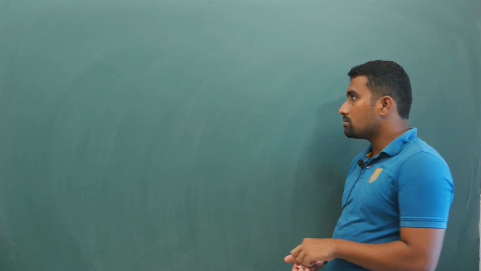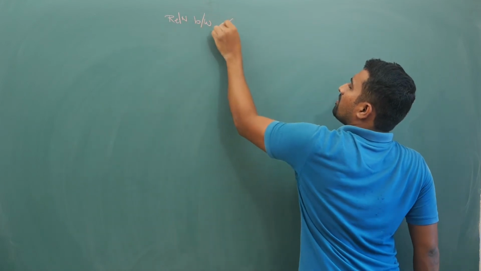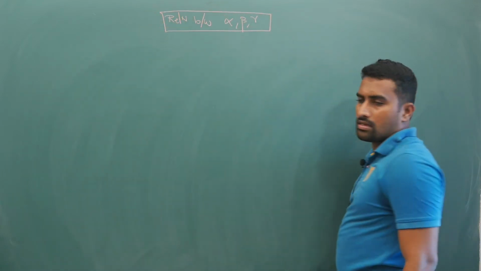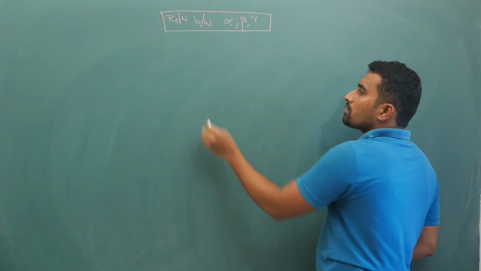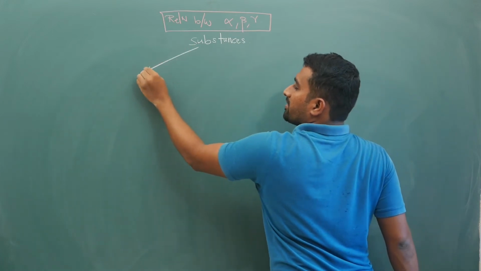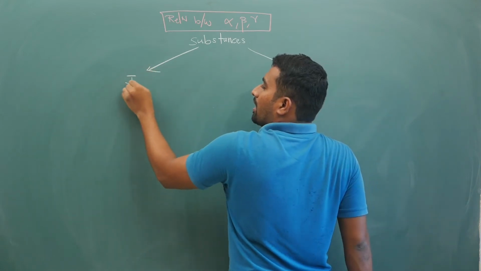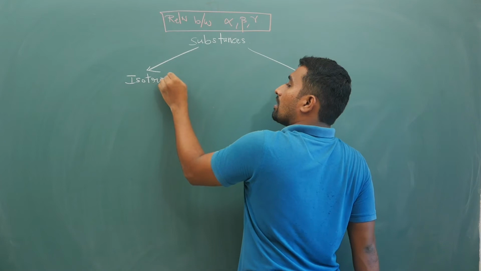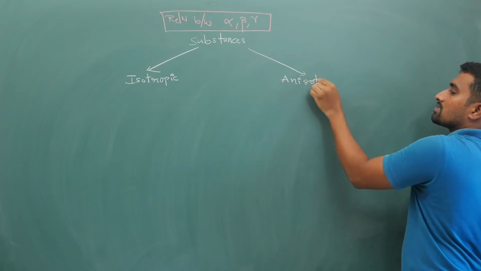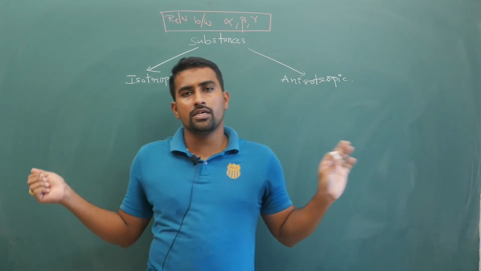To understand this, first I want you to understand that substances are basically divided into two types: isotropic solids or isotropic substances, and anisotropic substances.